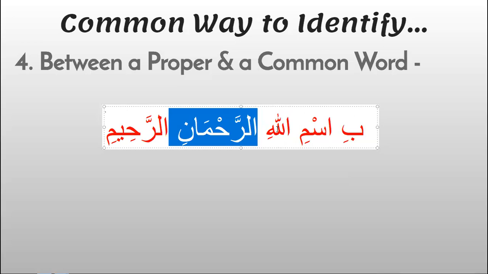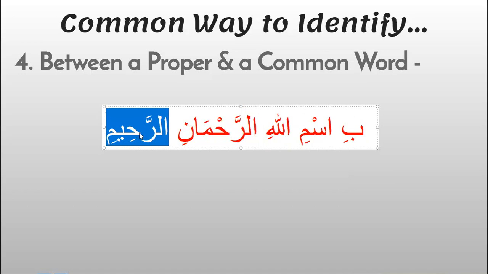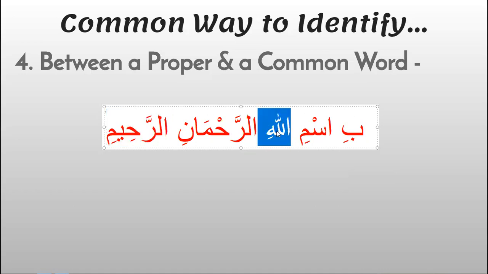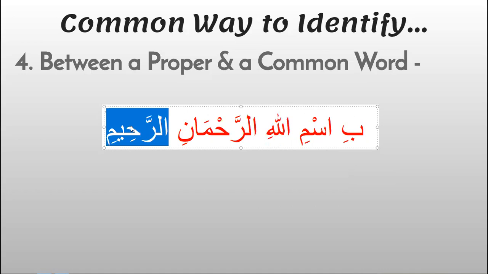So this is our Mawsuf and this is our Sifa. Now we look at the word Rahimi. Rahimi has also the same four properties: jar, singular, masculine, and proper. So it also matches all four properties with the word Allah. So it is our second Sifa.